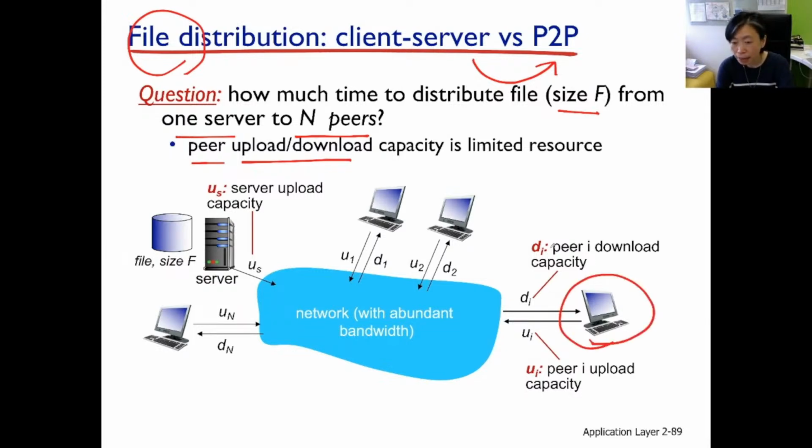This is peer I. Its uplink capacity is called UI, and downlink capacity DI. In the same fashion, you see for user 1, uplink bandwidth being U1, downlink bandwidth being D1, and same for user 2 and user N. The server is over here. The uplink capacity is US. The downlink capacity is DS, although we're probably not needing it in the calculation. All right, one big file, size being big F. So this is the setting.